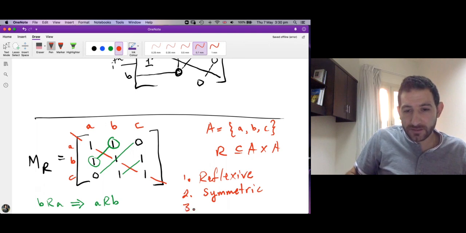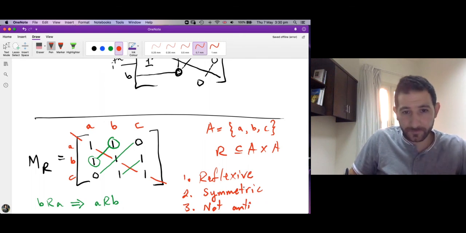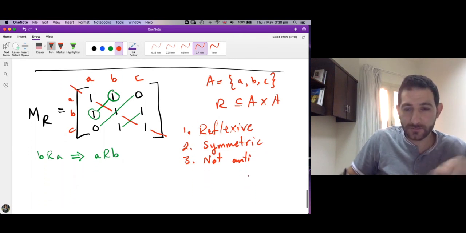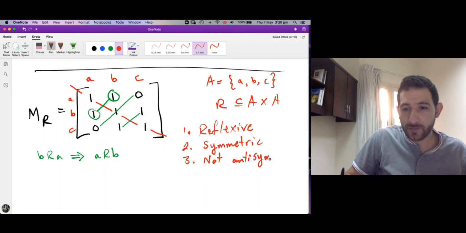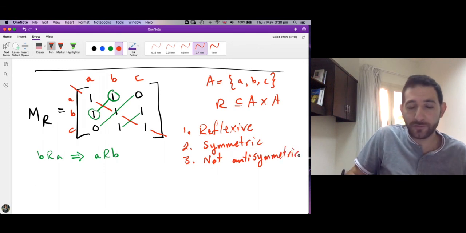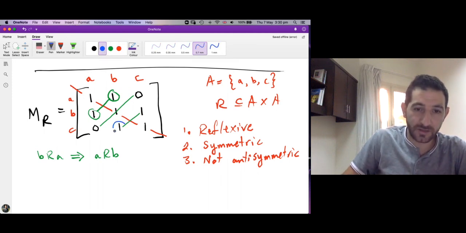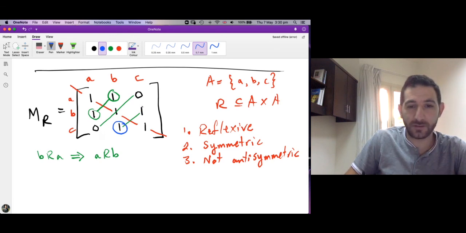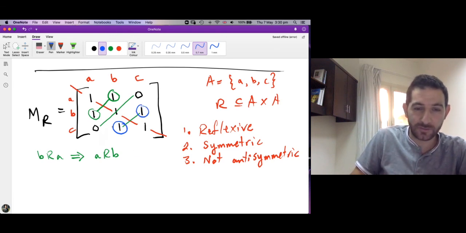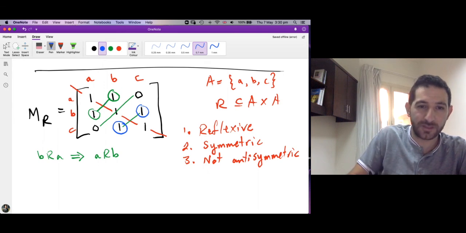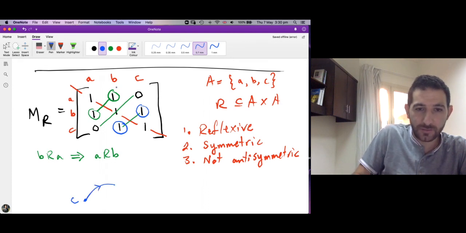Finally, it is not antisymmetric. And why is this? Because antisymmetric means if you found a 1 off the diagonal, its mirror image should be 0, but look at this one, its mirror image is also 1. So what do these two ones represent? This one represents that C is related to B, right?